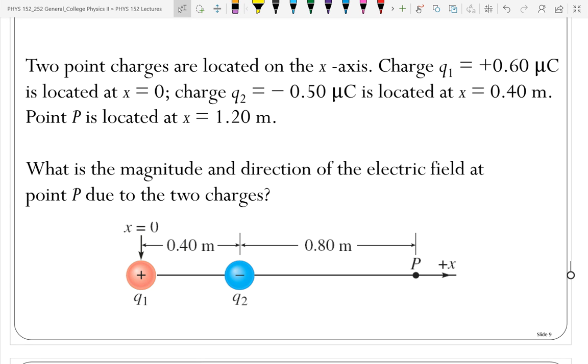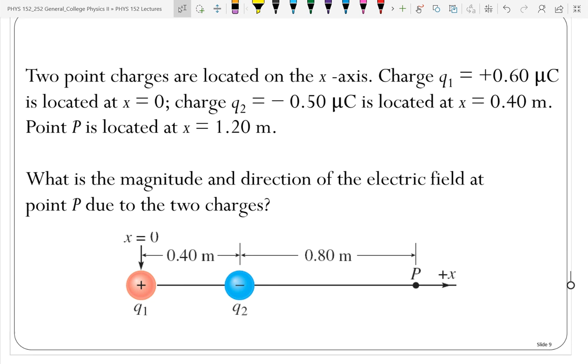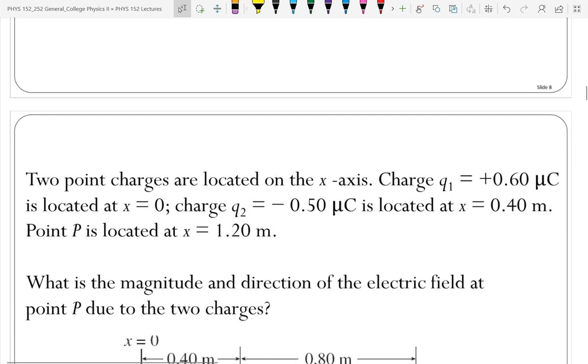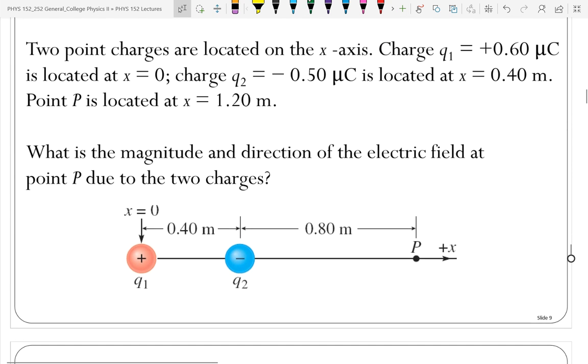So really quickly, what was my method? Add the electric fields as vectors. So I just calculate each one separately.